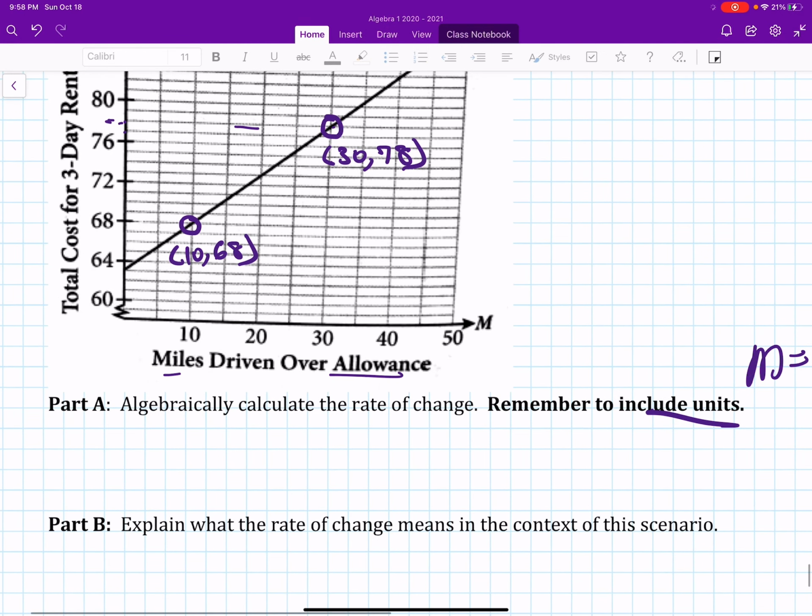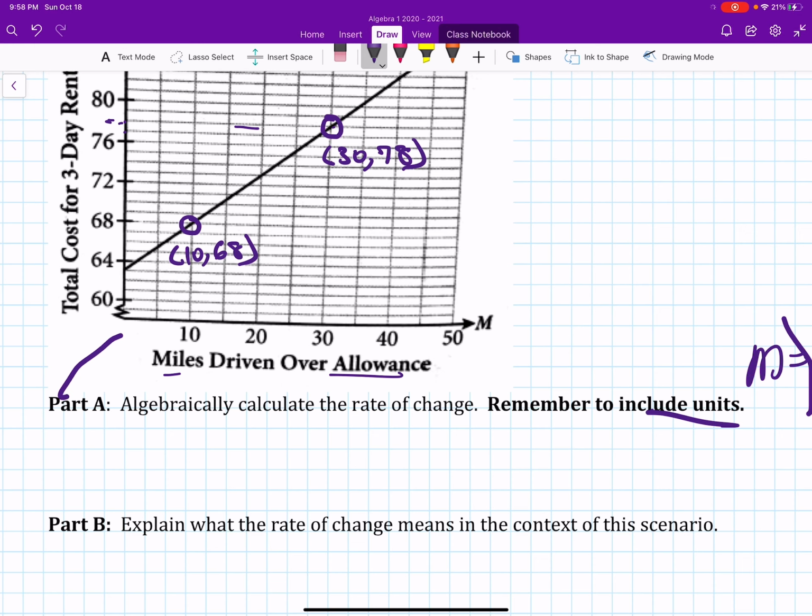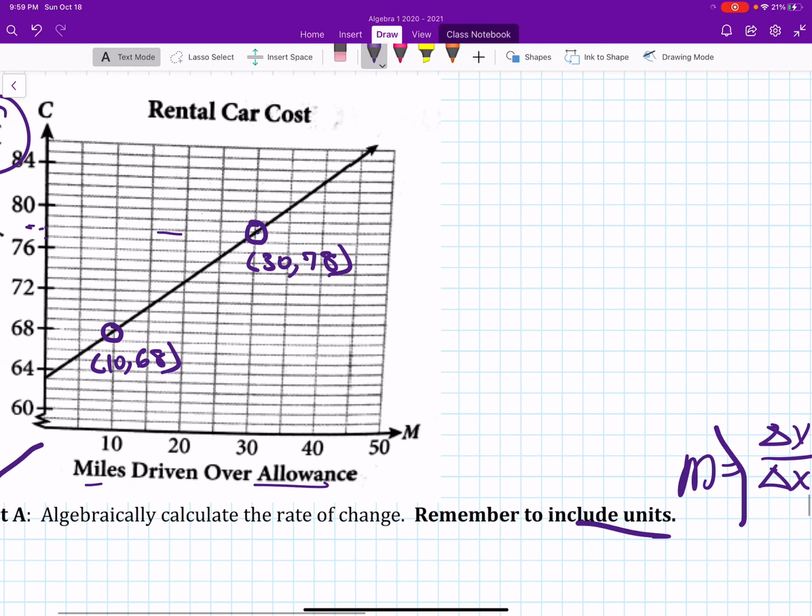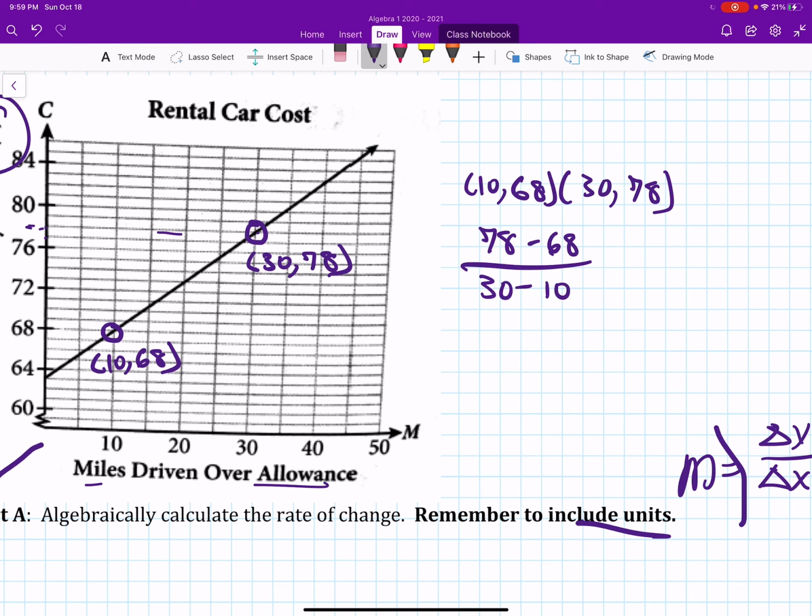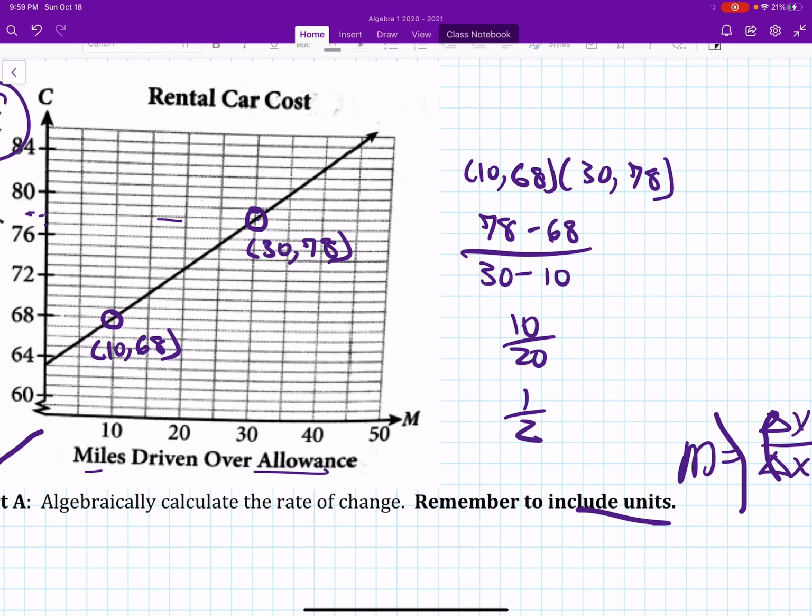All right. So here are 2 points. Let's do 10, 68 and 30, 78. Subtract them both. One half. So the rate of change is 1/2. Well, the slope is 1/2.